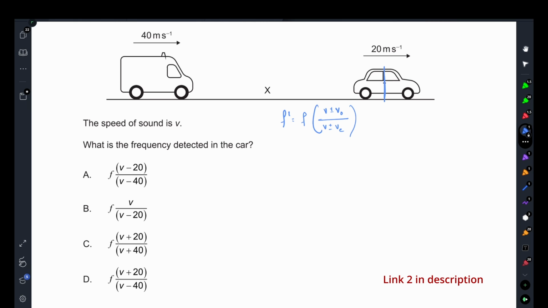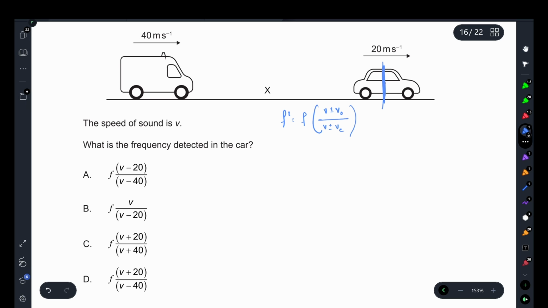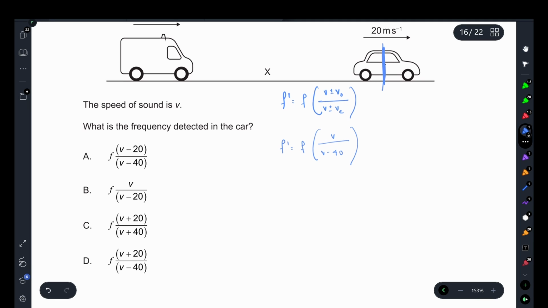So let's go ahead and consider what happens if the receiver is stationary. F dash is equal to f that's emitted into v by v minus 40. This is going to be your frequency that is heard by a stationary observer. Now, what happens when you factor in the moving observer?